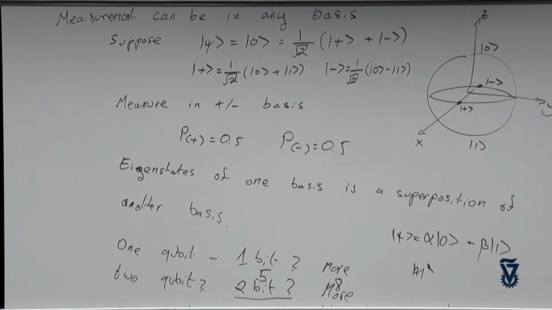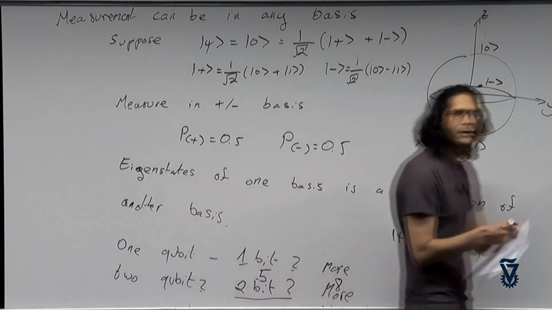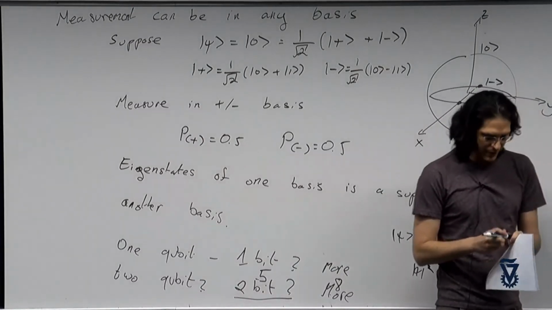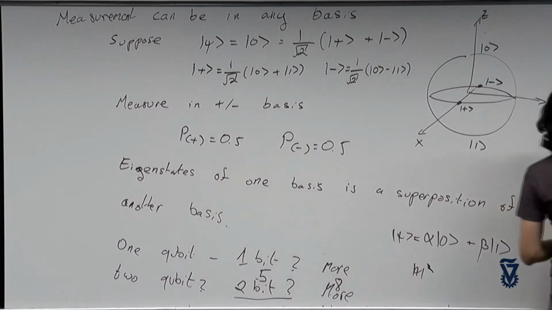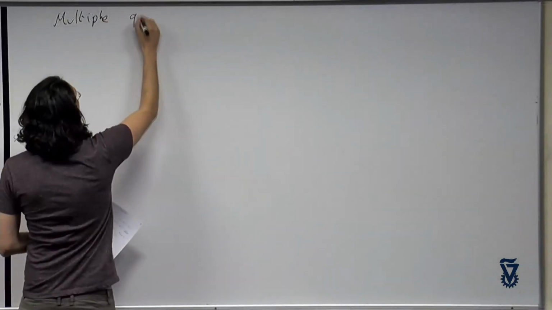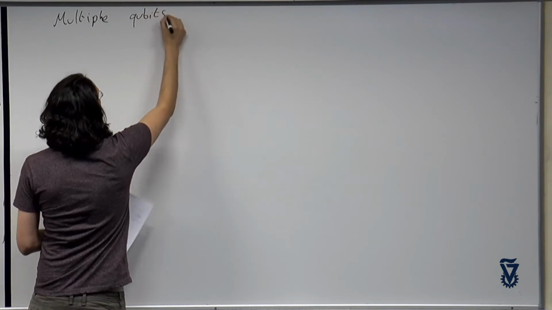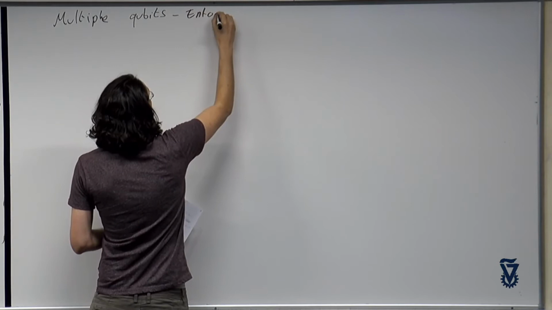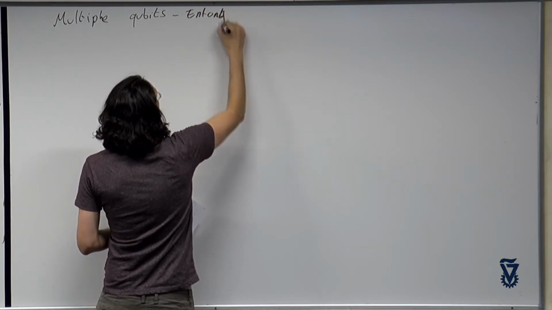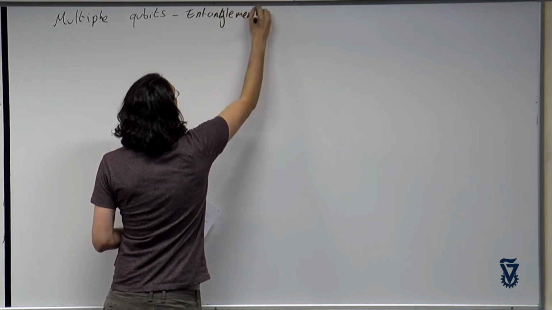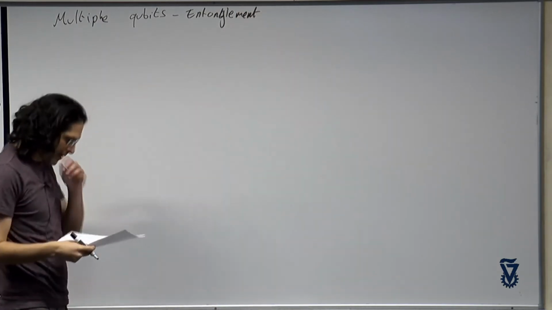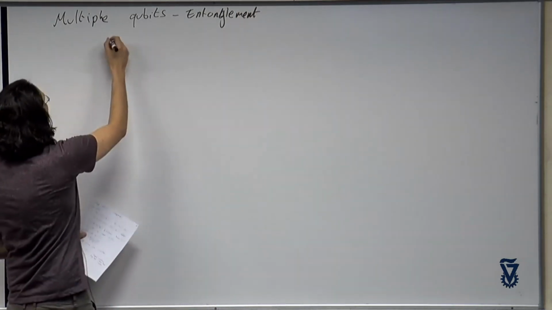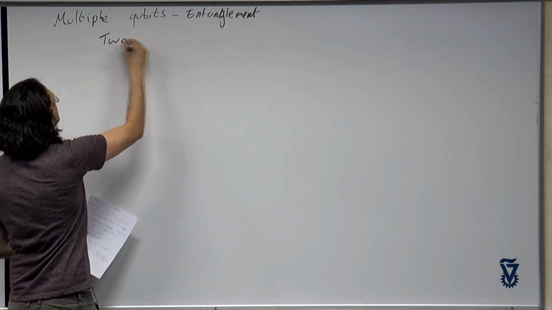What we'll do now is let's define multiple qubits and see entanglement specifically. So let's talk about multiple qubits, or more specifically, entanglement. Let's suppose that we have 2 qubits now.